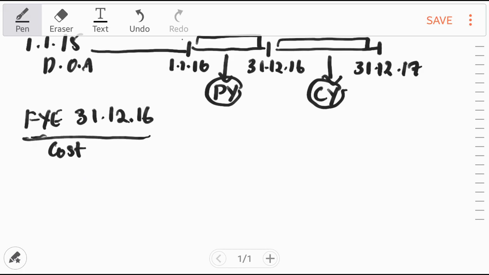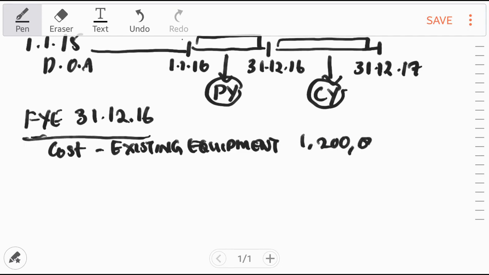The cost here is the cost of the existing equipment. If you read the question, it was 1.2 million. I will number this as 1 because I need to explain that later for my accounting treatment.